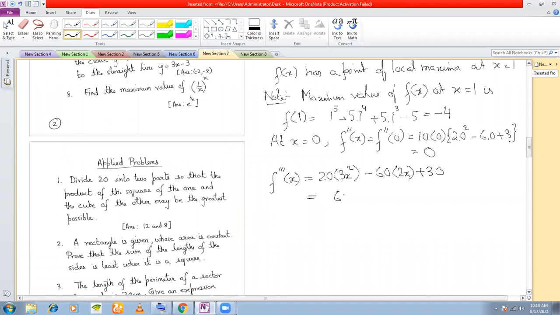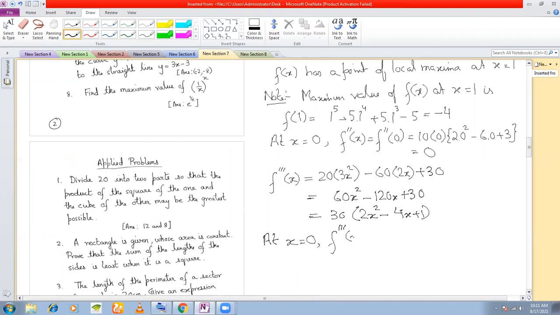You will get this as 60x square minus 120x plus 30. From which you can now take 30 common to get 30 times 2x square minus 4x plus 1. Okay, so this is f triple dash x. Now you check whether this is equal to 0 at x is equal to 0.